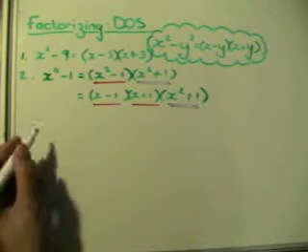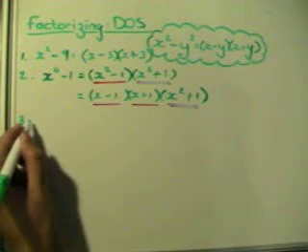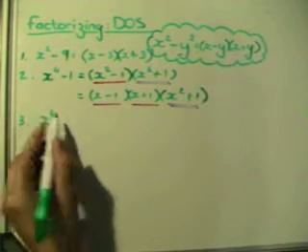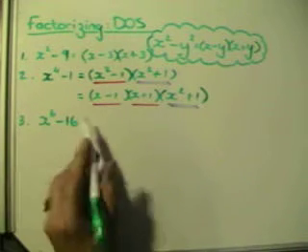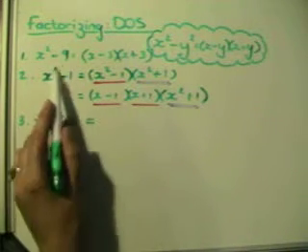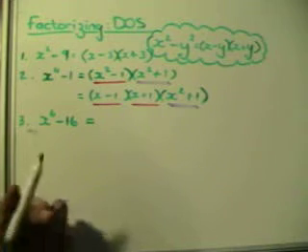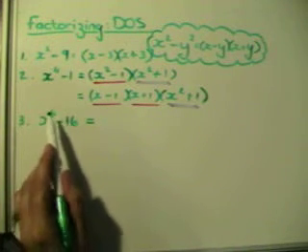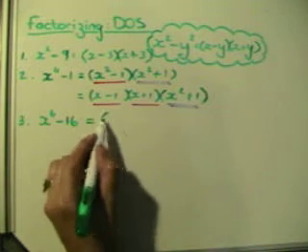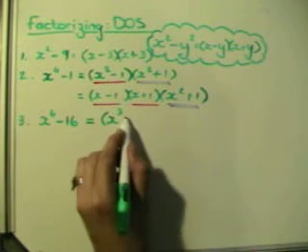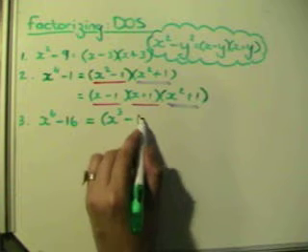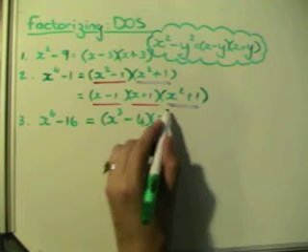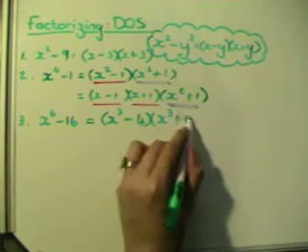Okay, so say for instance I have x to the power of 6 minus 16. Now I've said here, all even numbered exponents, I can get the square root of that by just dividing the exponent by 2. So this becomes x to the power of 3 minus 4, x to the power of 3 plus 4.